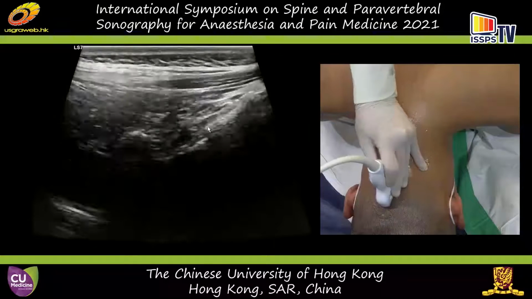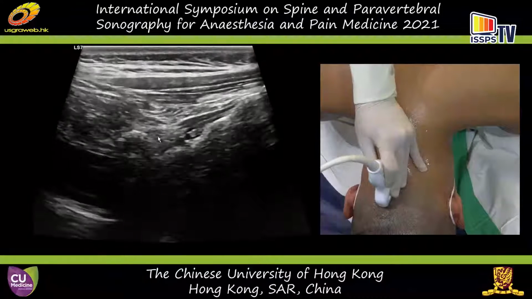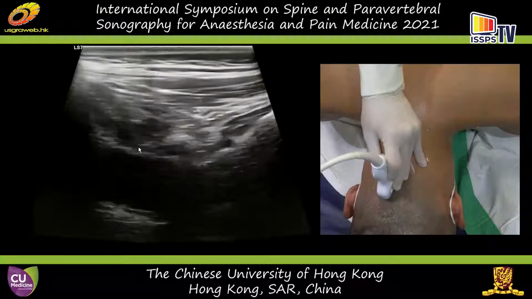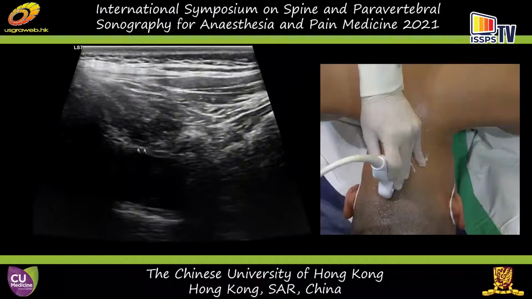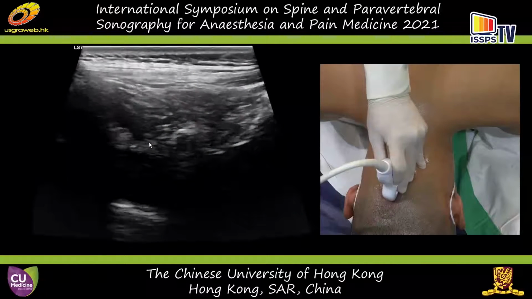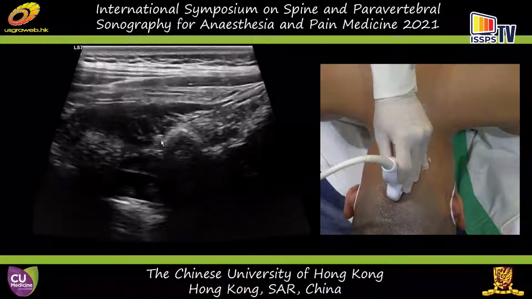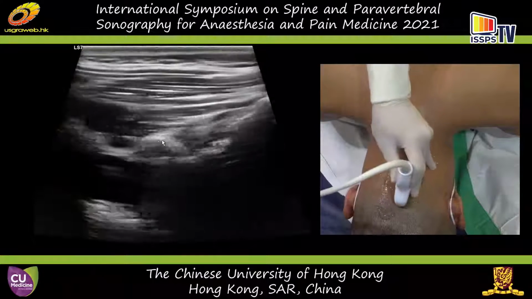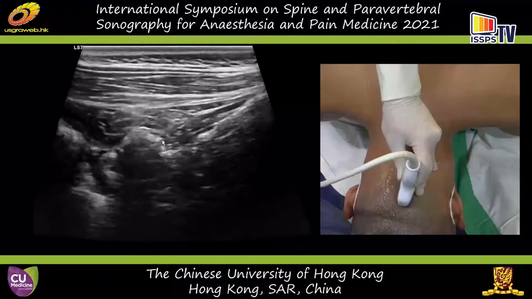So from the occiput to C1, this time you can see the rectus capitis posterior minor, and this is the myodural bridge. And if I go more lateral, this time you're going to see another muscle, which is coming from the occiput.